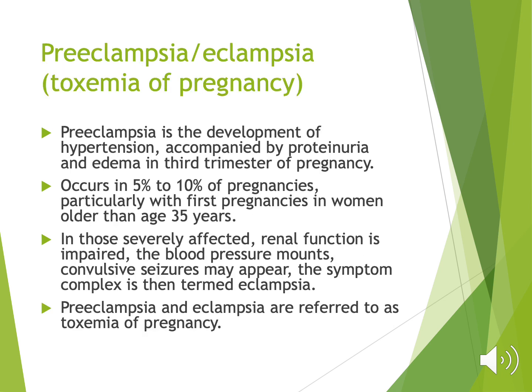Lastly, preeclampsia and eclampsia, collectively known as toxemia of pregnancy. Preeclampsia is the development of hypertension, proteinuria, and edema in the third trimester of pregnancy. These complicate 5 to 10% of pregnancies, specifically the first pregnancy, in women older than the age of 35.